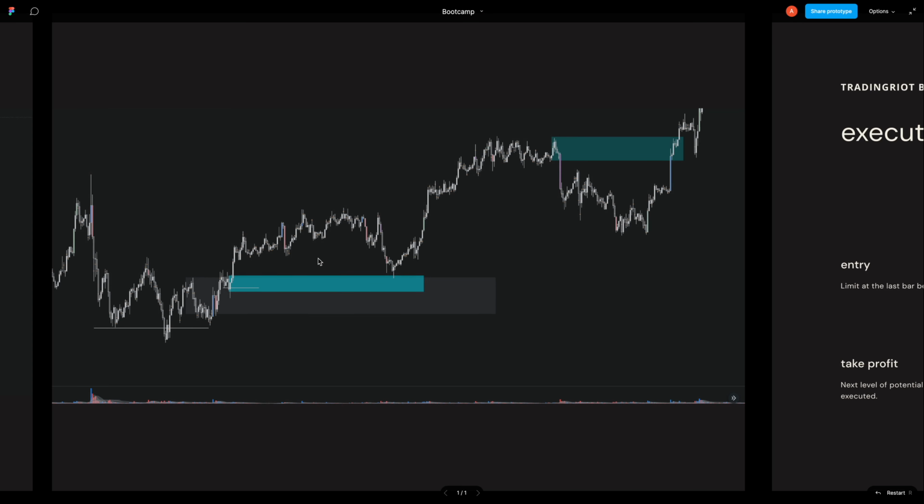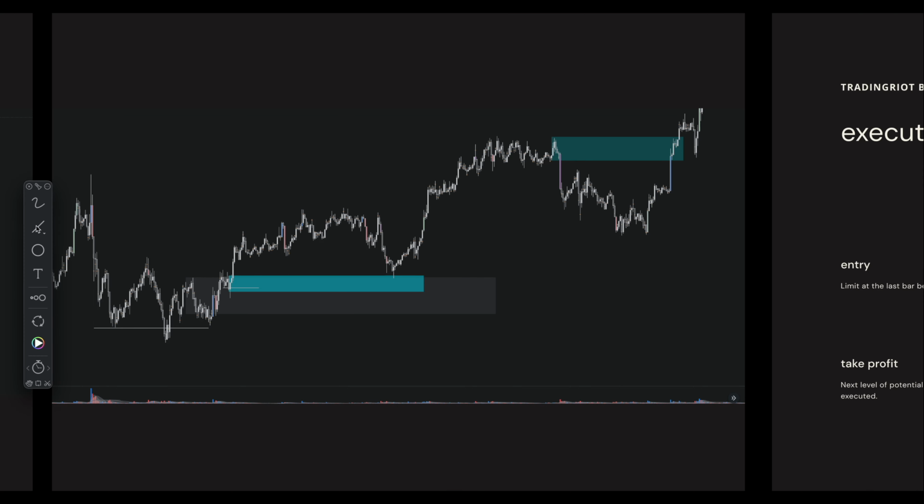But from the risk-to-reward perspective, this is your initial risk if you put the limit order there. If you wait for a candle close, it's almost doubled, because your invalidation is not below the low. Your invalidation is, ideally, below this low.